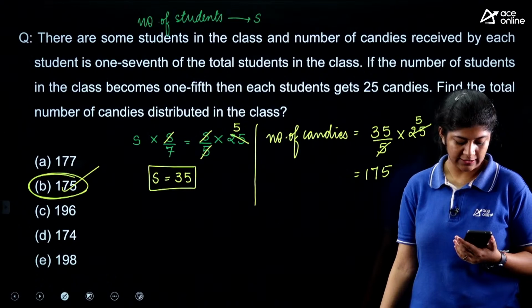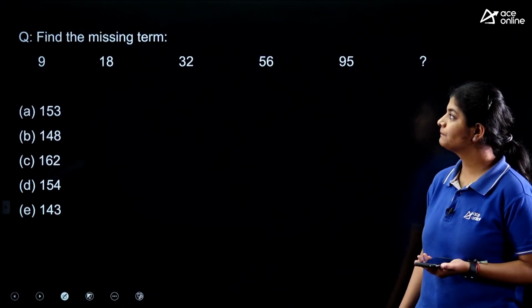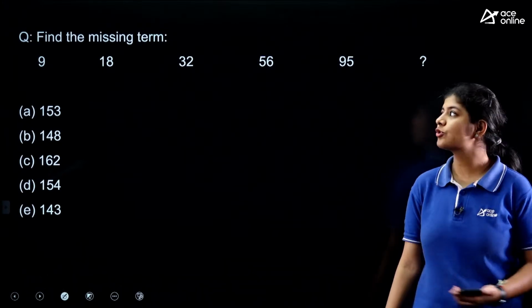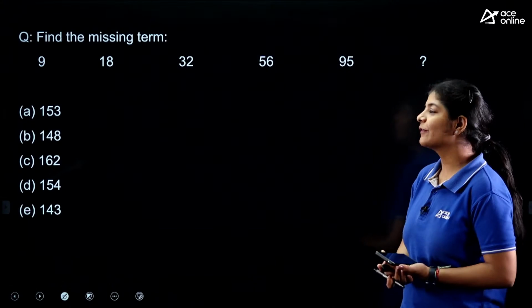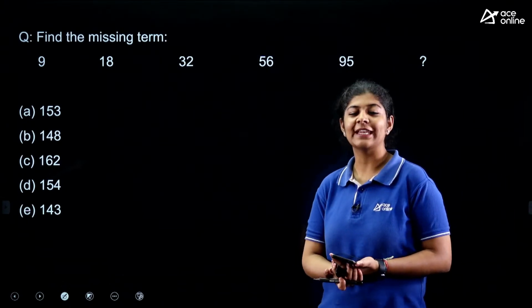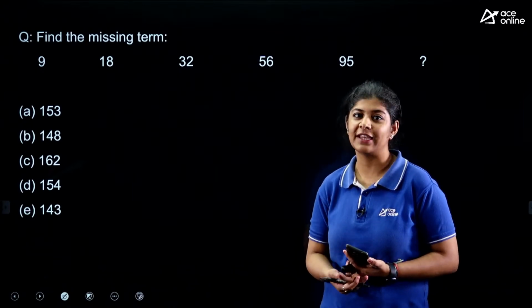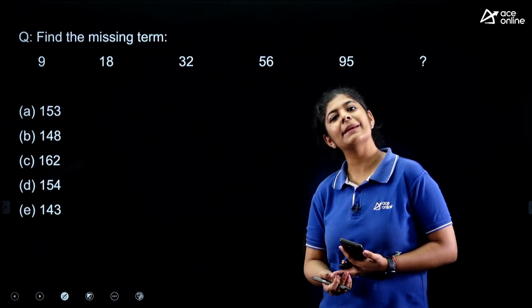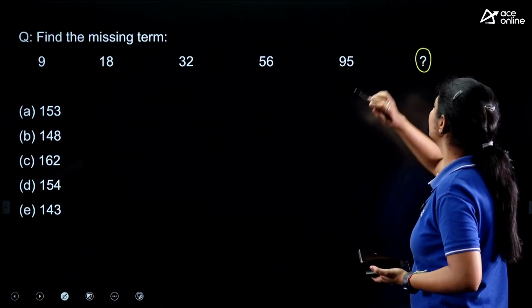Yes, very good Radhe, very good Krishna, very good Jaipur. Clear? Next. The next question is from the concept of find the missing term. Here we just have to analyze the numbers and figure out what pattern we have, and simply apply the same pattern to determine the missing term.